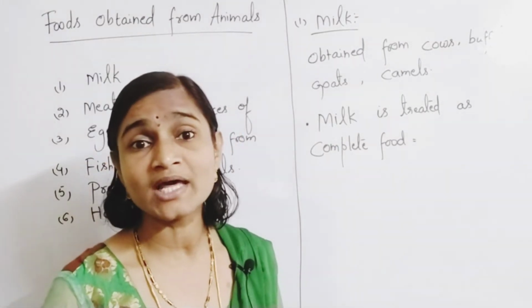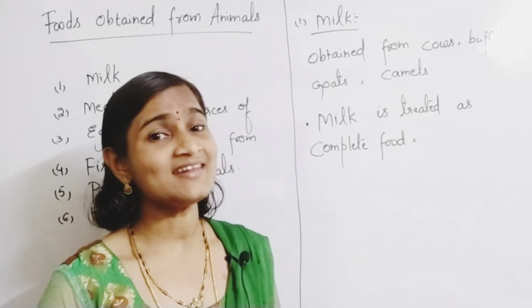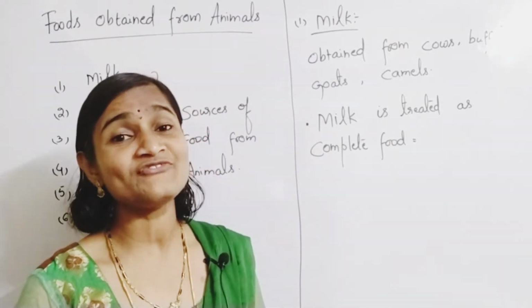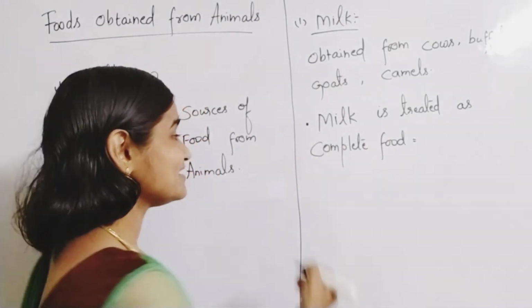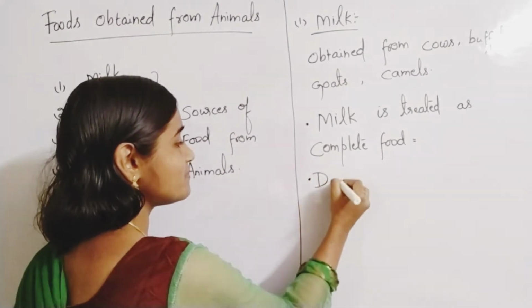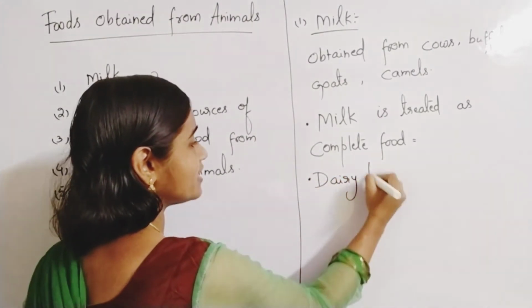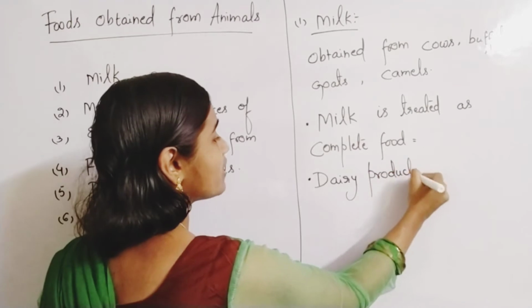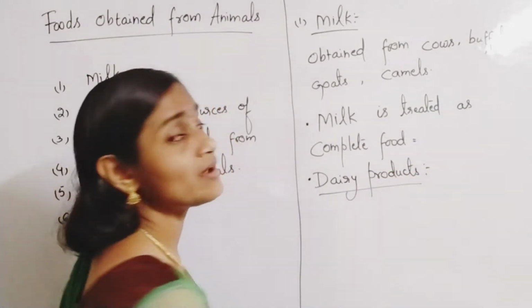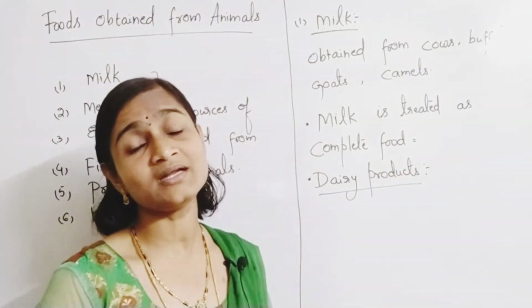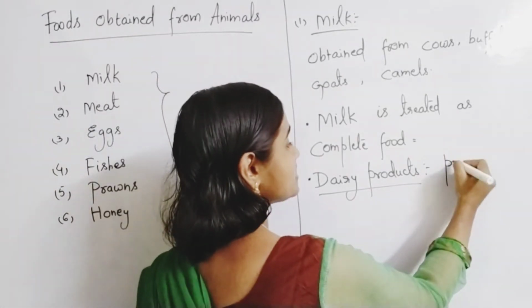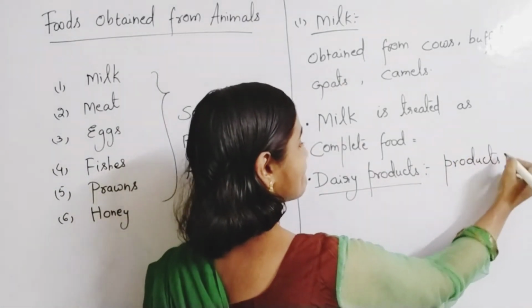What are dairy products? Dairy products are the products obtained from milk, isn't it? You will get this also as a very important question. Products obtained from milk are called dairy products.